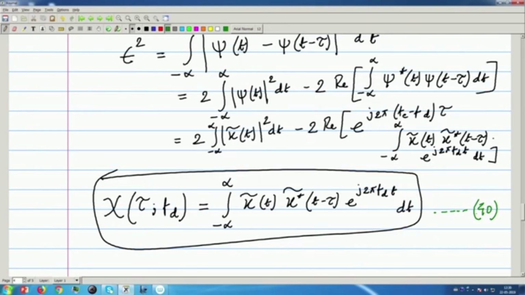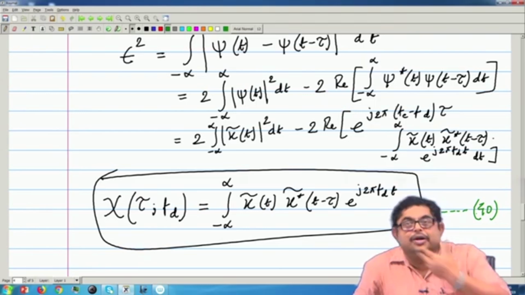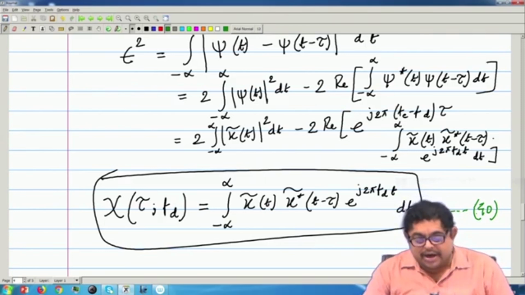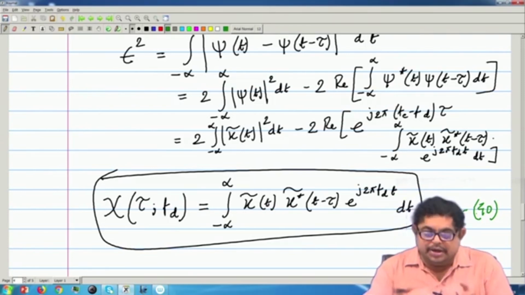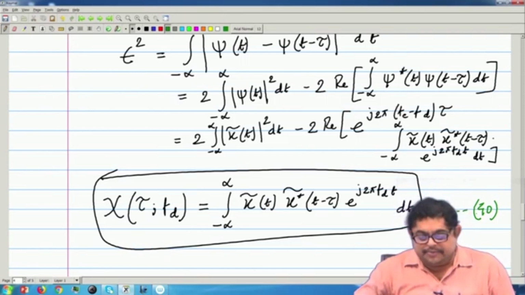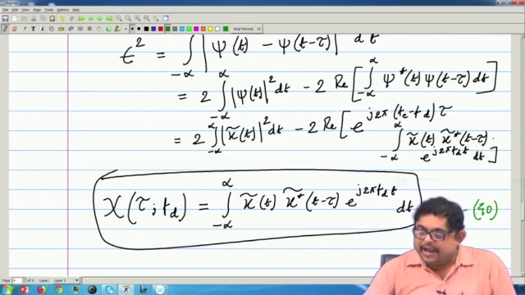Now, this is called the ambiguity function, with no pre-qualification of range or etc. It is sometimes called the radar ambiguity function. Actually, the magnitude part is generally called the radar ambiguity function, because this whole integral has a phase, and that phase has some information, but we do not process that information.